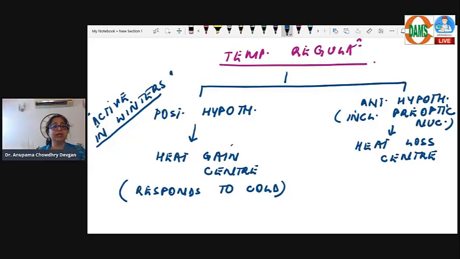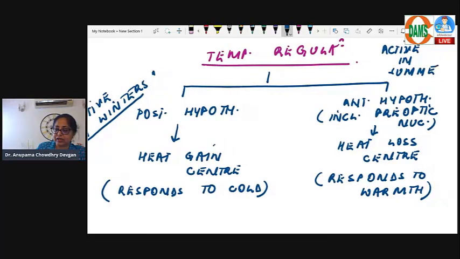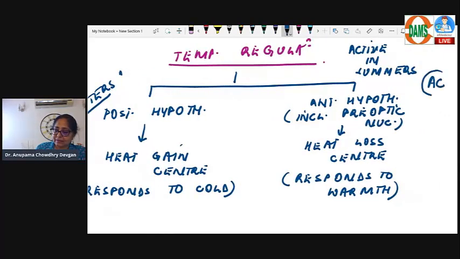But today we know it is not. It is involved in temperature regulation. This responds to warmth. In other words, the anterior hypothalamus is active in summers. It helps you to regulate the body temperature in summers. In summers you need ACs. So the anterior hypothalamus is going to be active in summers. It responds to warmth, right?